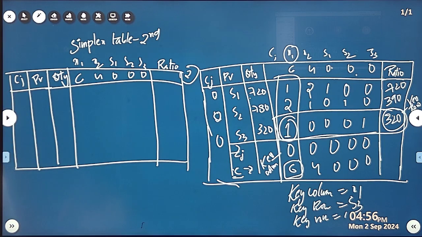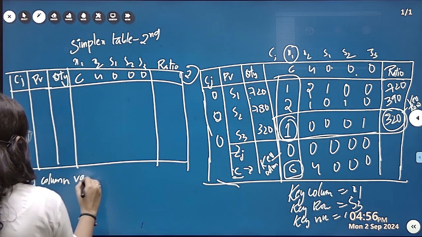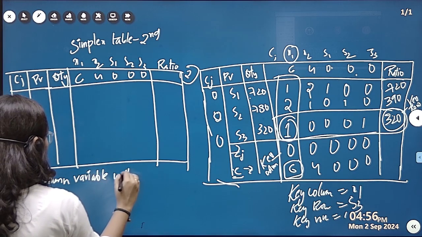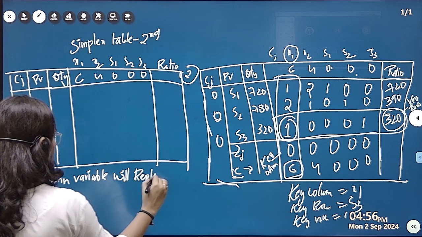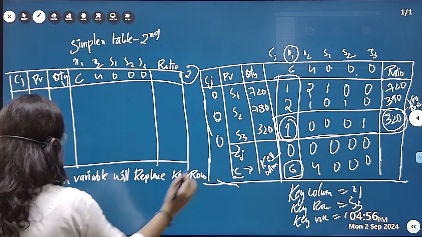Now write the point. Next, sixth point. Key column variable will replace the key row variable. After drawing this table, write key column variable will replace key row variable.